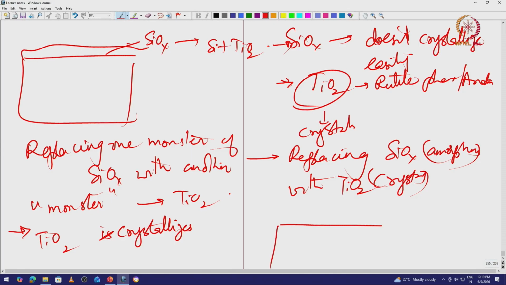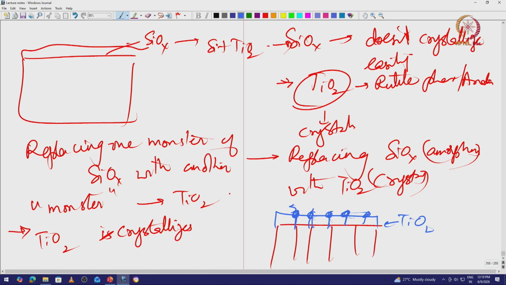So, I have now silicon, and on silicon I have a titanium oxide, but this titanium oxide is also crystalline, right. Maybe slightly different crystal structure, but this will also try to take the crystal structure of silicon underneath because it is thin, right. And so, I have a crystalline potential, but this time the potential of titanium oxide, right.